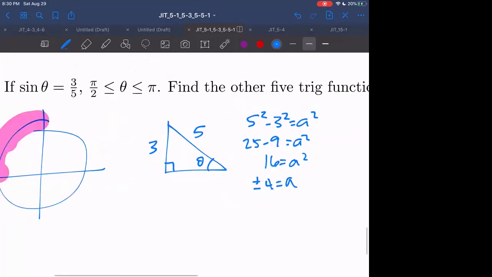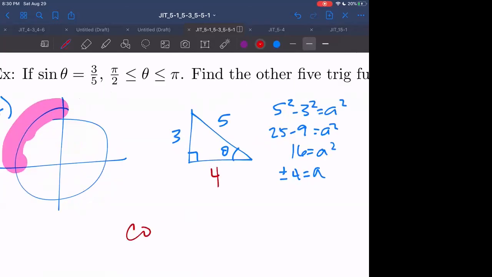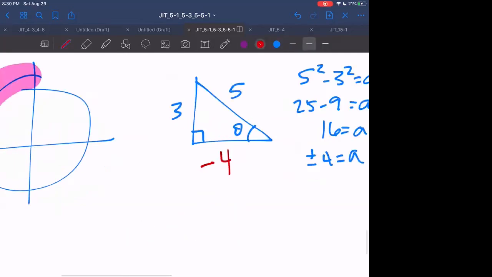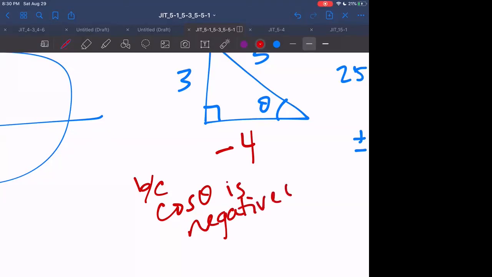Now, if we take positive 4, then cosine is going to be positive 4/5. But we need it to be negative, so we'll take the negative 4, because cosine of theta is negative in quadrant 2.